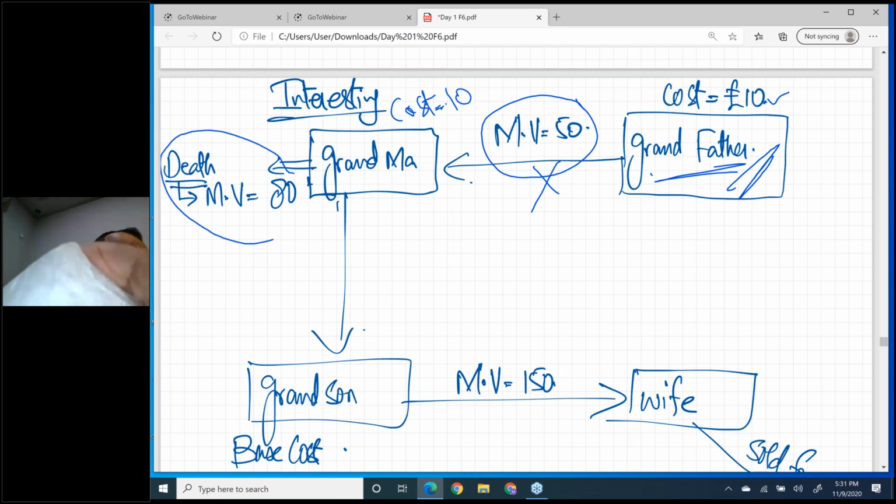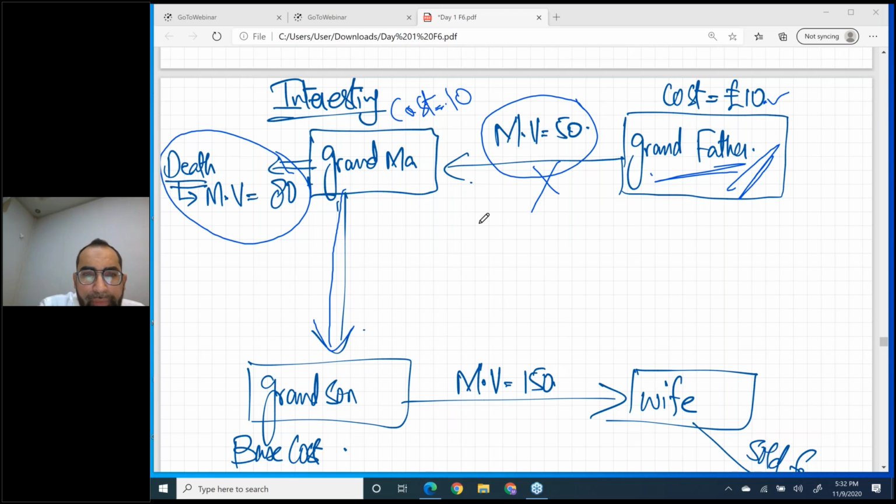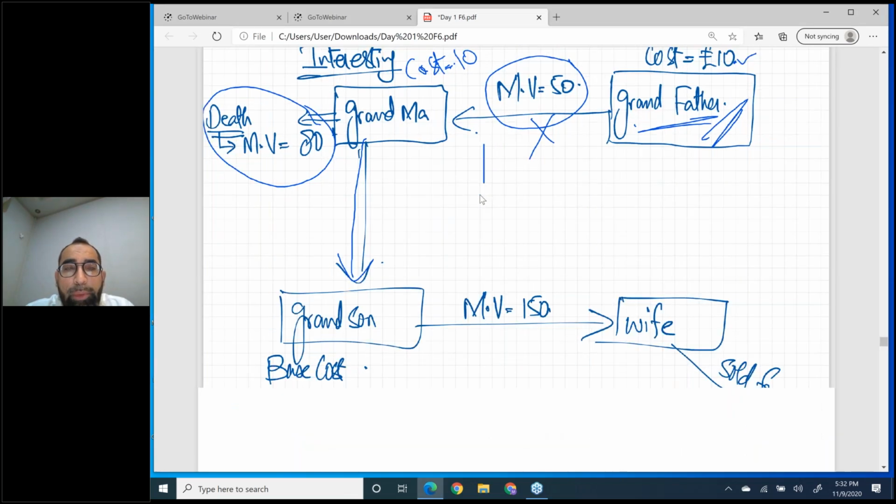the market value of this asset is 80, and according to grandma's will, this asset is to be transferred to grandson.